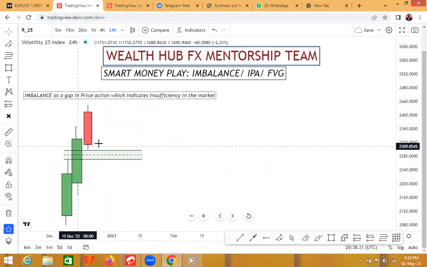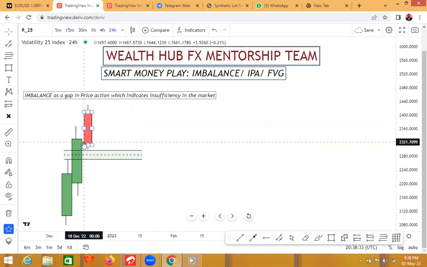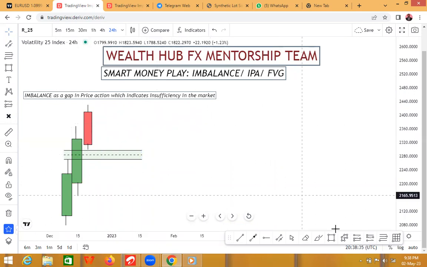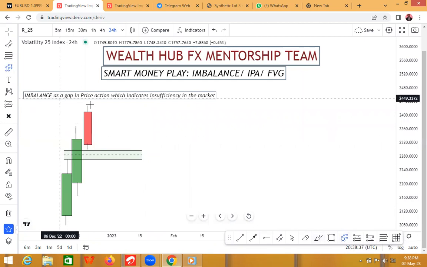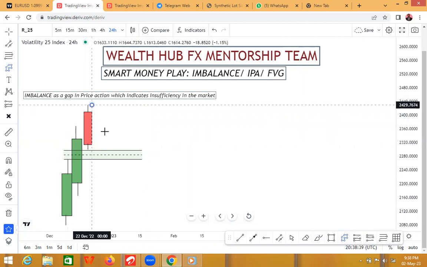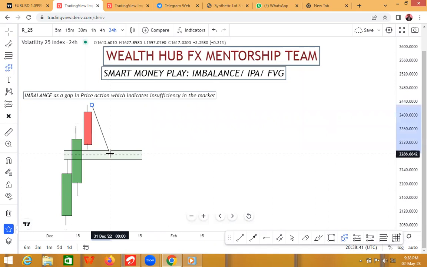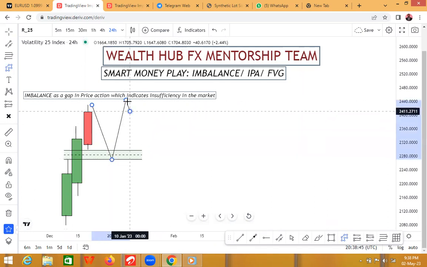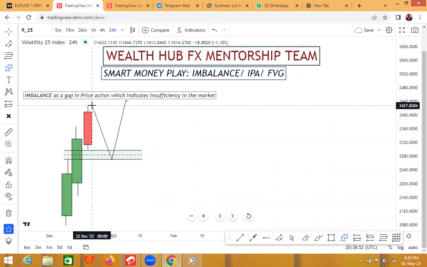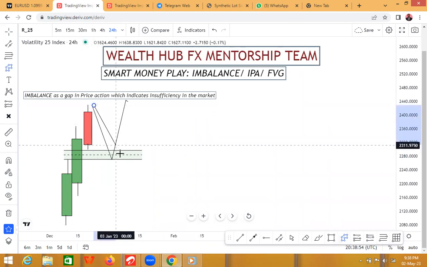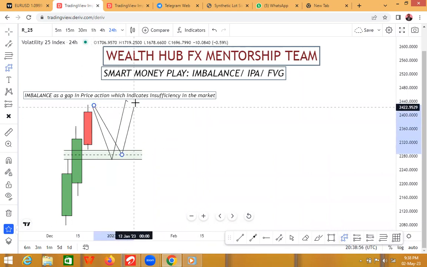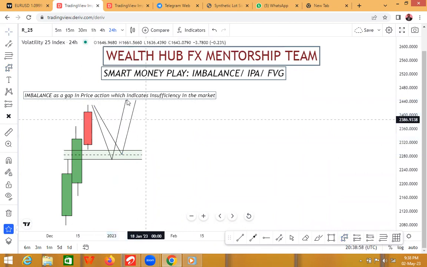So how do we now trade these imbalances? Anytime you have these imbalances, price will always, it will only take time. Price will either come to close the imbalance, or sometimes price can come to the 50% of the imbalance and trade away.